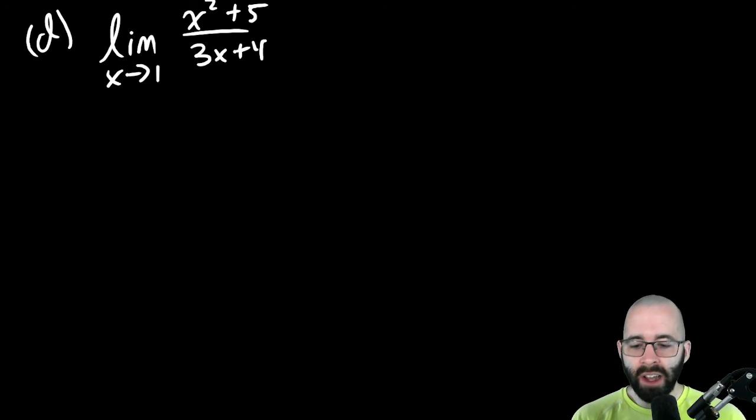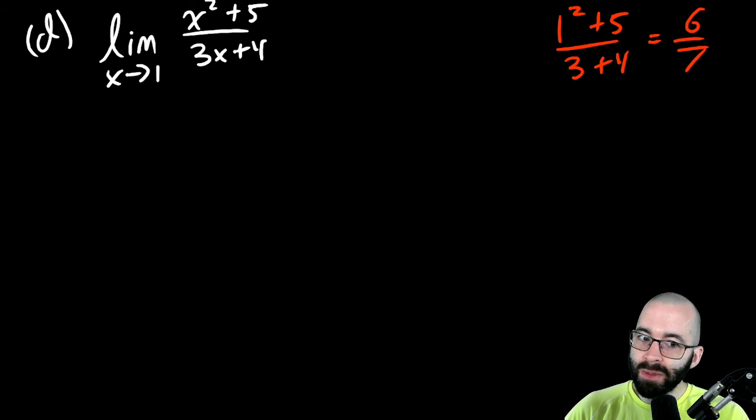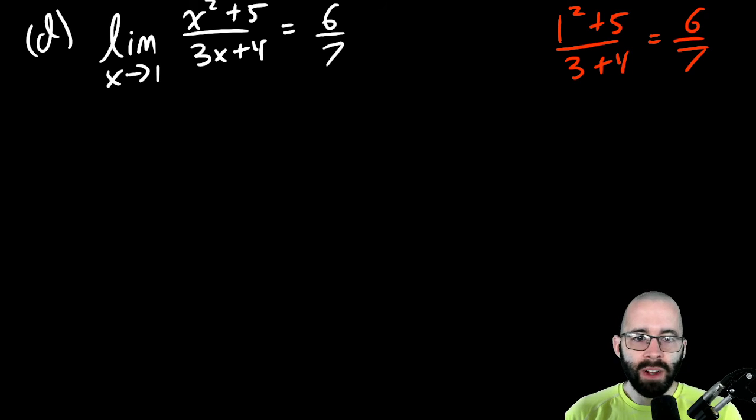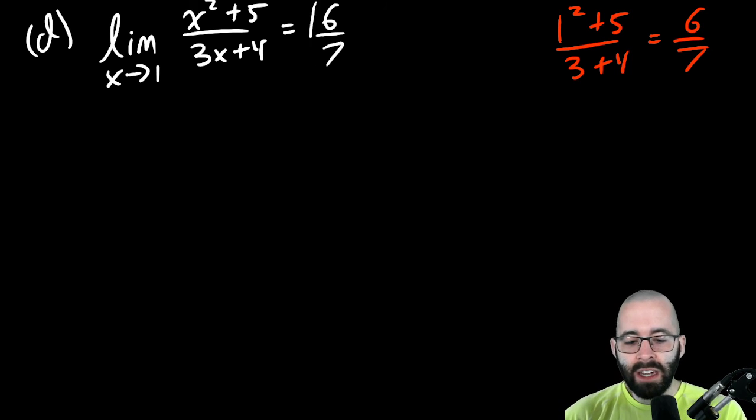Always try direct substitution. 1 squared plus 5 over 3 plus 4. Oh, that's just 6 over 7. There's no indeterminate form, 6 over 7. L'Hopital's rule doesn't apply, so don't get tricked. If you can evaluate a limit the old-fashioned way, do it the old-fashioned way.